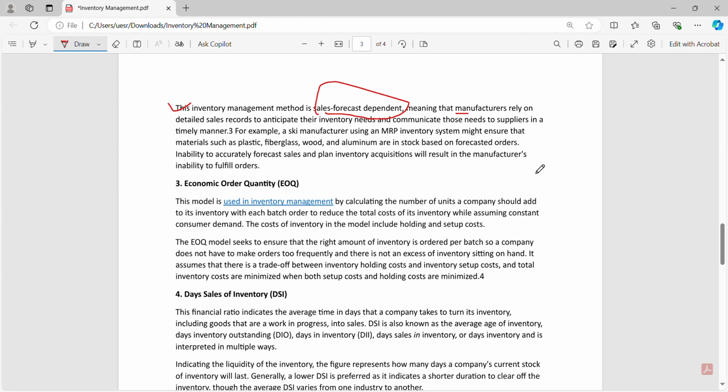For example, a ski manufacturer using an MRP inventory system might ensure that materials such as plastic, fiberglass, wood, and aluminum are in stock based on forecasted orders. Inability to accurately forecast sales and plan inventory acquisition will result in the manufacturer's inability to fulfill orders.